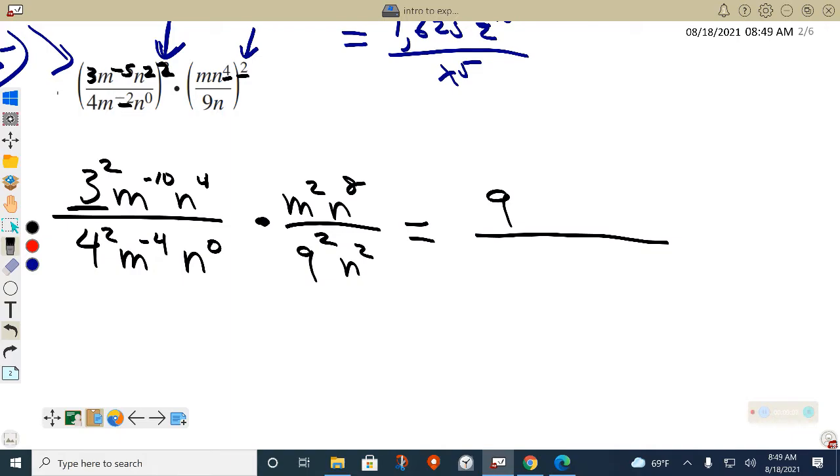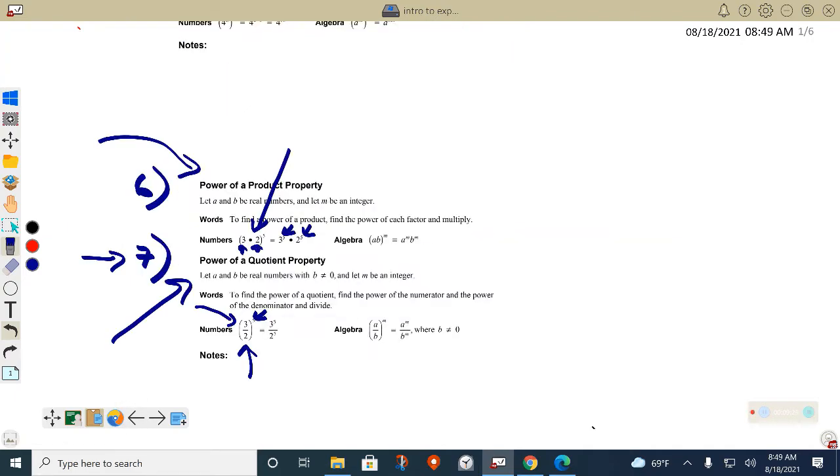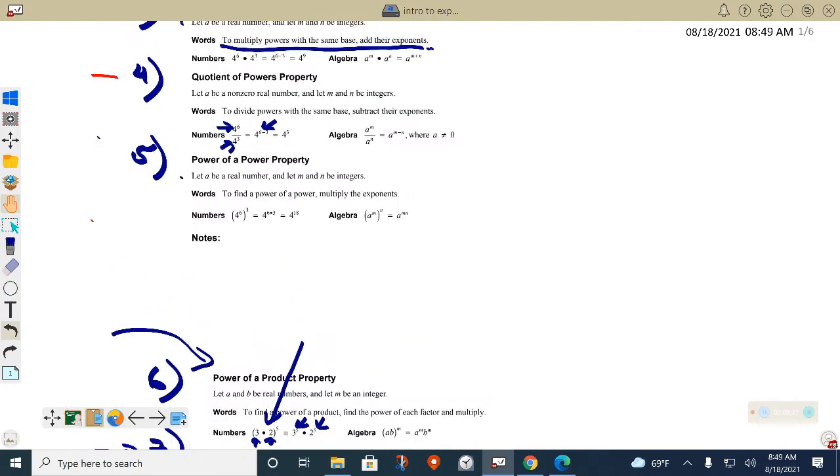Watch this now. M to the negative 10 times m to the 2nd. I'm multiplying, and I have the same base. What does rule number 3 say I could do? It says that you could add the exponents. Exactly.